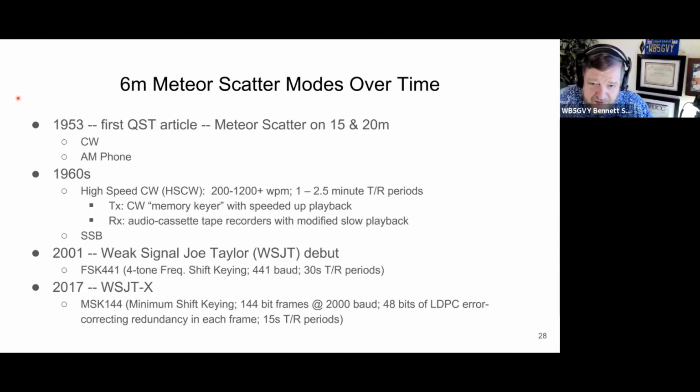It adds 48 bits of low density parity check redundancy to each frame. So of that 144-bit frame, 48 bits are error correction. It's not just error detection, it's error correction. There's enough redundancy built into the 48 bits of the LDPC code that the software attempts to not just detect that there was a problem, but to extract what the original intent was. And MSK144 uses 15-second intervals, as we saw in the video.